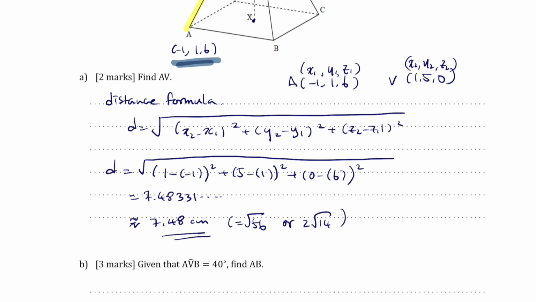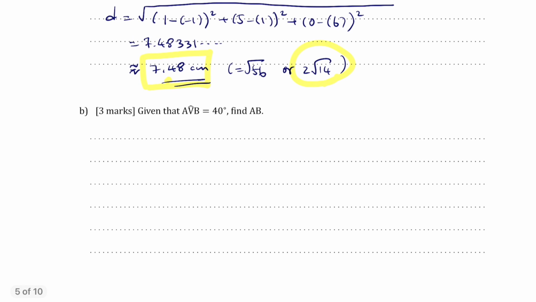However, since you always have to write your answer in the simplest form, if you're writing in the square root form, you should write your answer in this format, or you should just use GDC to calculate the number without the radicals. Okay. Question B, given that the angle ABV is equal to 40 degrees, we need to find the line AB.